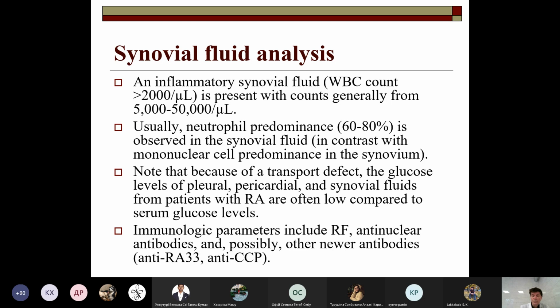Immunologic parameters include rheumatoid factors, antinuclear antibodies, and possibly other newer antibodies; anti-CCP and anti-RA33 can also be identified in the patient's synovial fluid. Moreover, sometimes we see patients with a negative profile for RF and anti-CCP in peripheral blood, but positive after checking serological markers obtained from synovial fluid analysis.